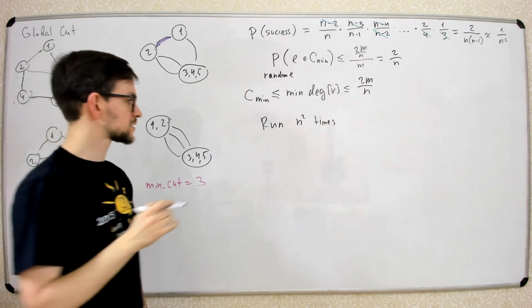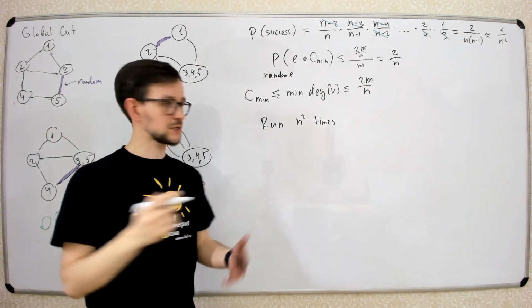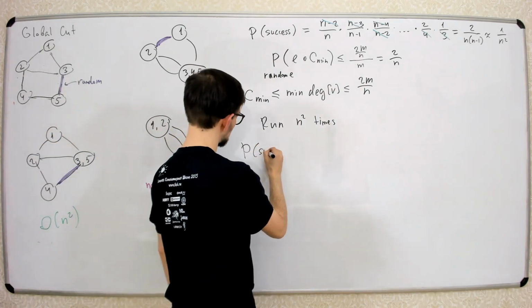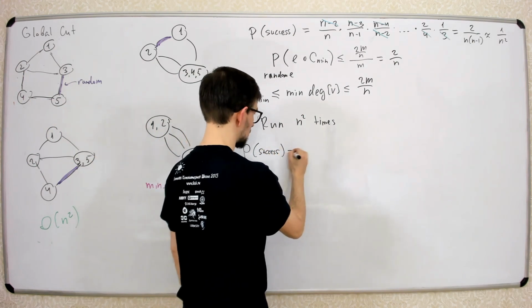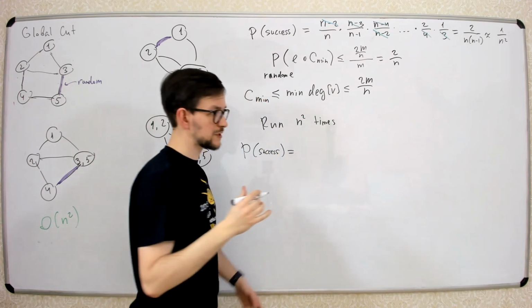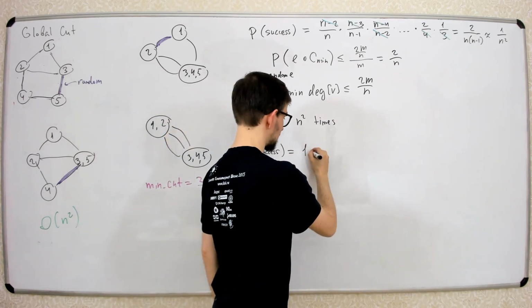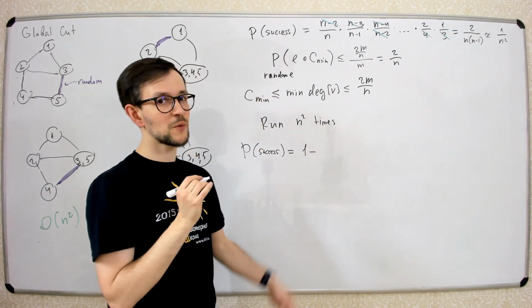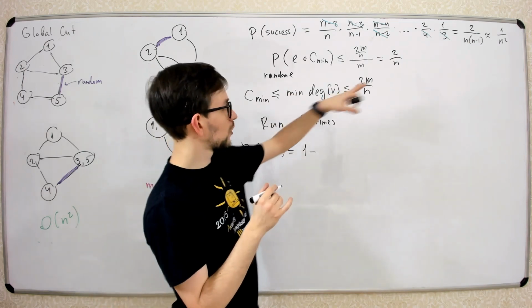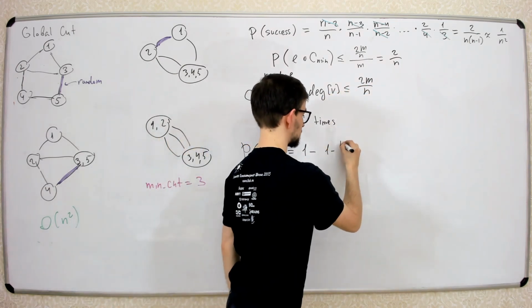What's the probability of success? Again, the probability is 1 minus the probability of failure.